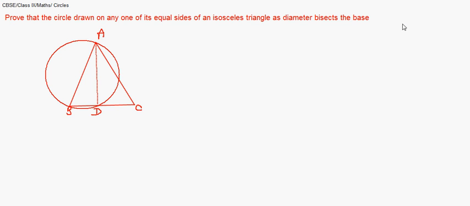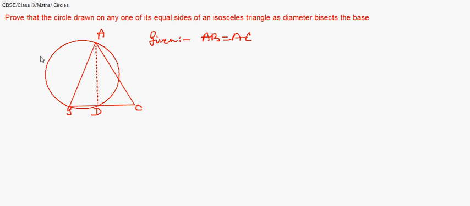What is given in this? The given part I write is AB is equal to AC of the isosceles triangle ABC. Now taking AB as the diameter, it is one of the equal sides of the triangle, as it says.